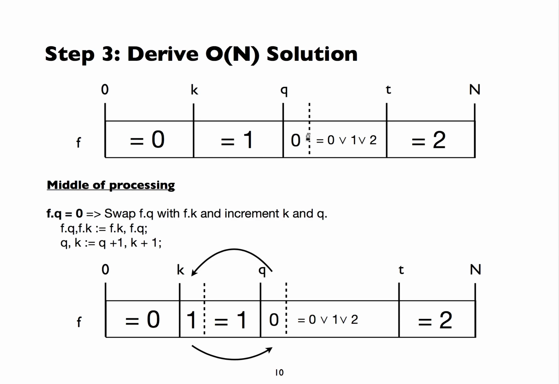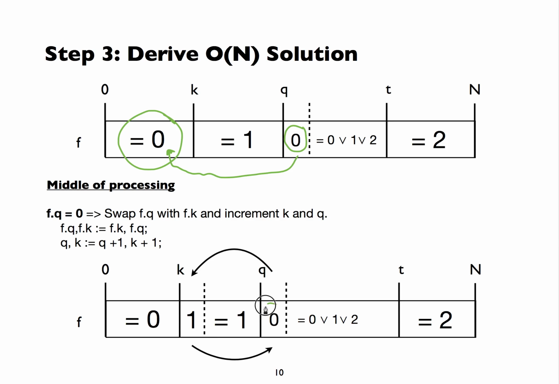Finally, if f.q is a 0, well then, once again, it's not in the right place. So what we really need to do is join this f.q value, which is 0, and put it in beside all the other zeros here. So where can we put it? Well, in the diagram down here, we show what we need to do.